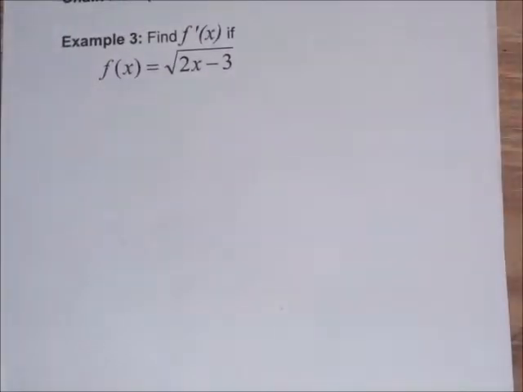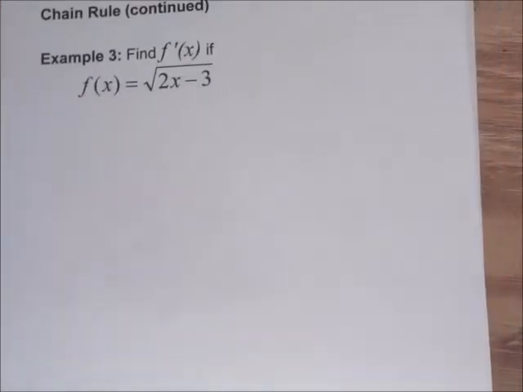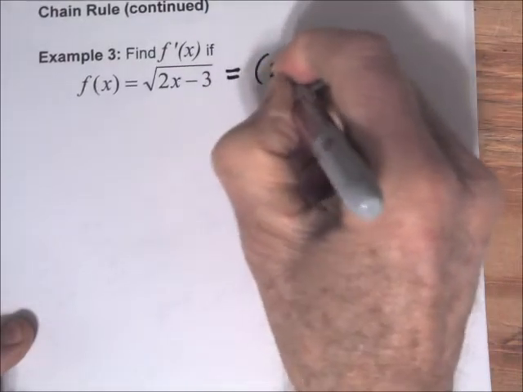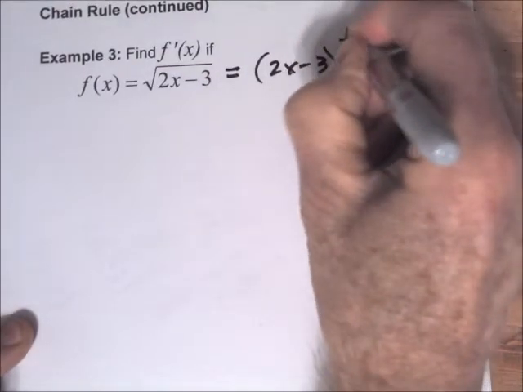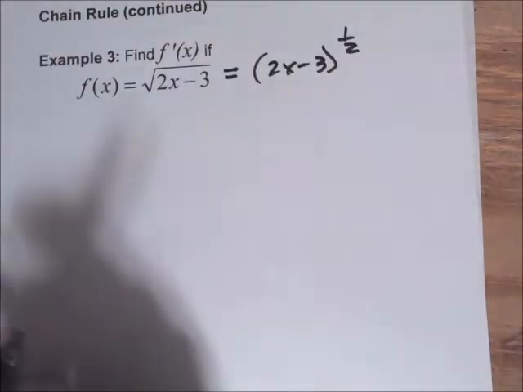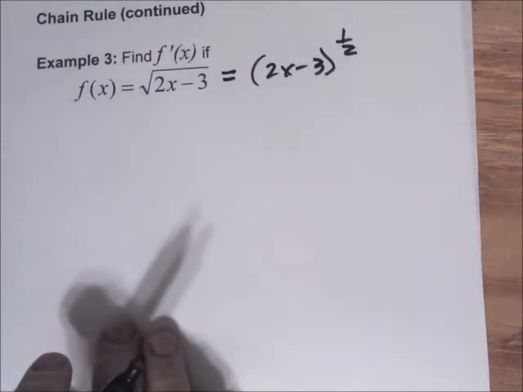Okay, here's another example. So this one we can write in exponent form as 2x minus 3 to the 1/2 power, and so the outside function would be raising to the half power. The inside function is 2x minus 3.